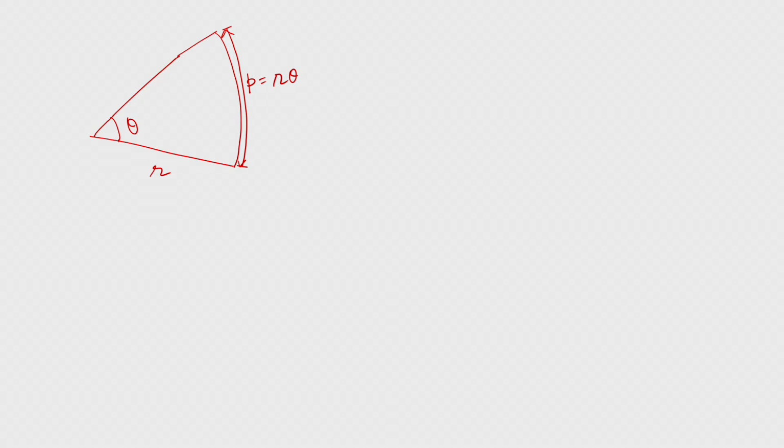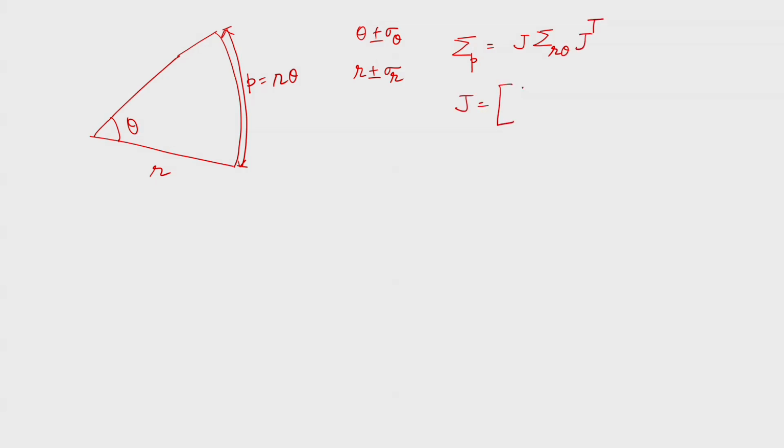If I measure the angle theta as theta plus minus sigma theta, this is the variance sigma theta, theta is the value in the field, and r is the radius which I measure with sigma r. Okay. So, what should be the value of sigma p by this formula? Sigma p squared equals J Sigma r theta J transpose. Okay. What is the value of J? You can find out.